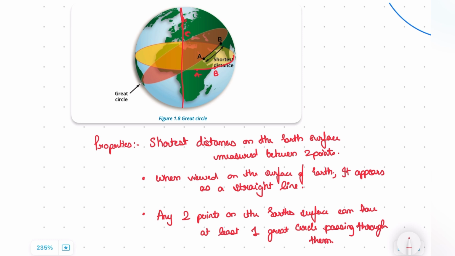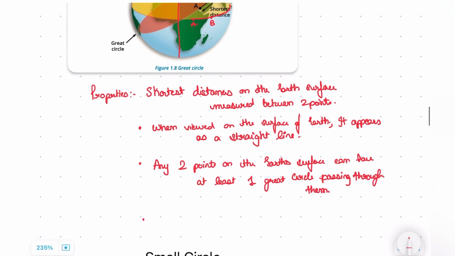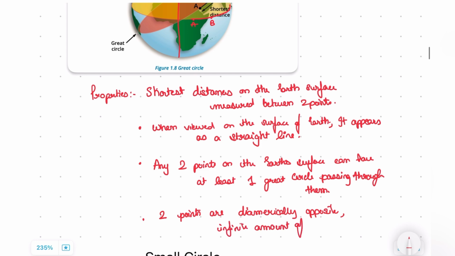Now if the 2 points are diametrically opposite, I can draw infinite amount of great circles. This is what it means.